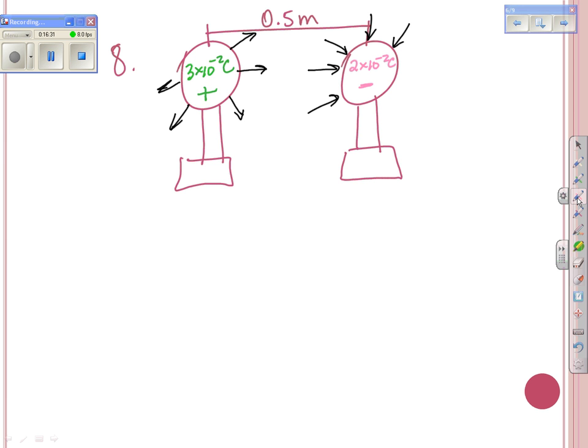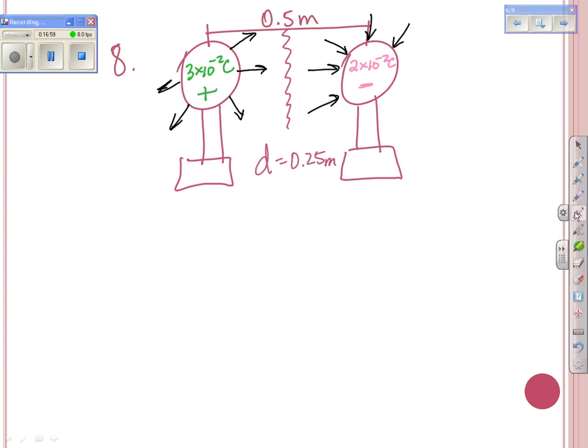And if I drop a positive particle next to the green one over here, it's going to push it out, because they're going to repel each other. We want to know the electric field magnitude and direction halfway between. Halfway between is right there, so my distance now, instead of 0.5, is 0.25 meters.